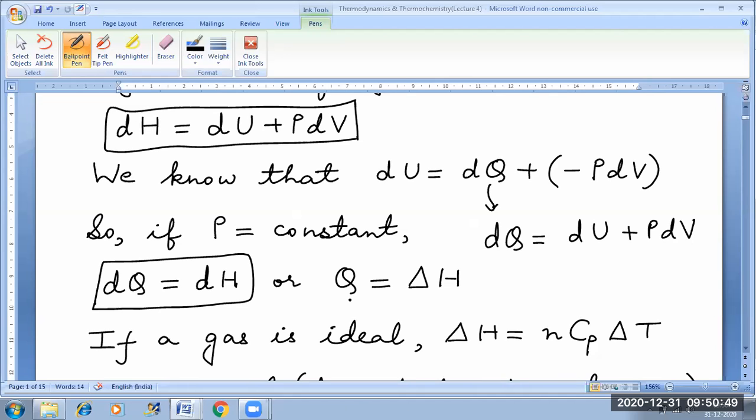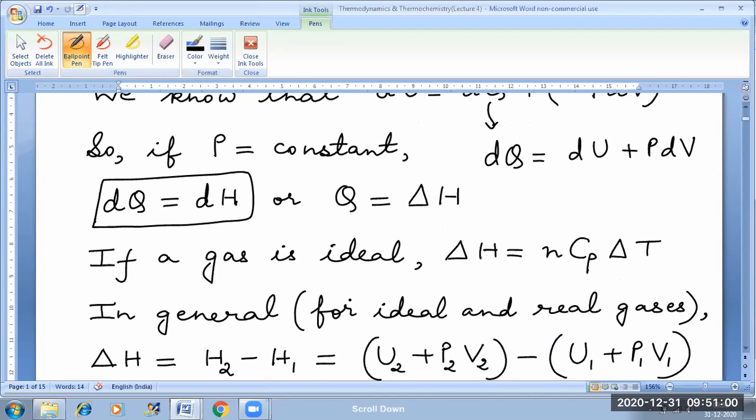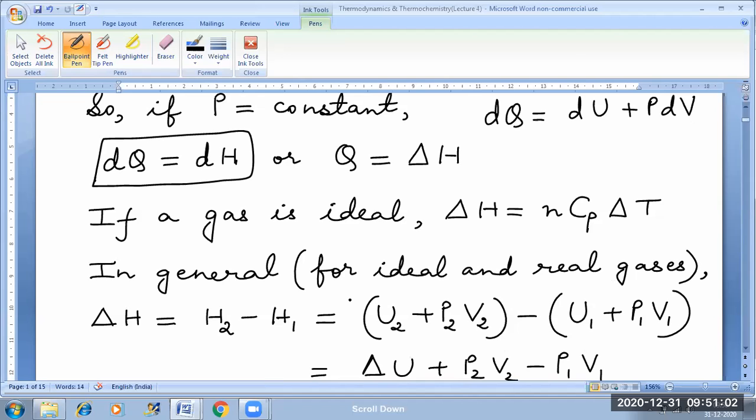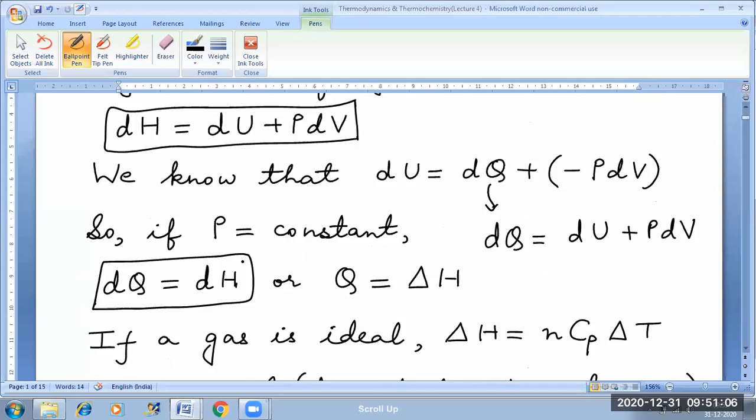If the gas is ideal, delta H is equal to nCp delta T, where capital Cp is the molar heat capacity at constant pressure. And in general, delta H is what? Just now I said that H is equal to U plus PV.